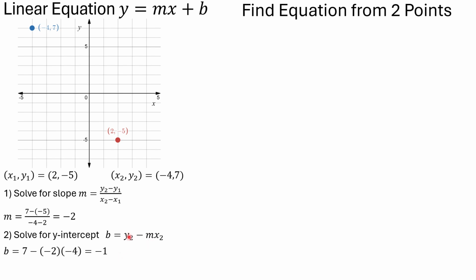So if I plug in my values to this equation, which is just a rewritten form of the general linear equation, I get y2, which is 7, minus slope, which I found was -2, times x2, which is -4. So 7 minus the product -2 times -4, which is 8. So 7 minus 8, that gives me -1.